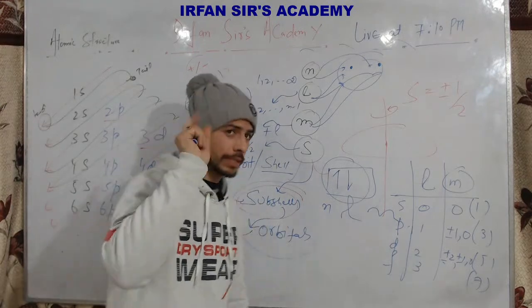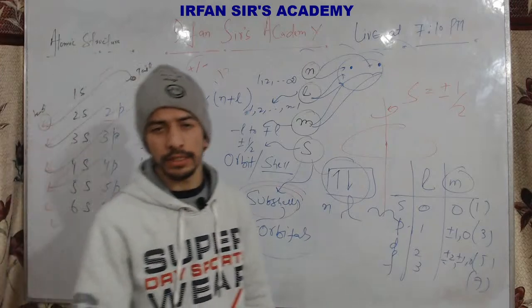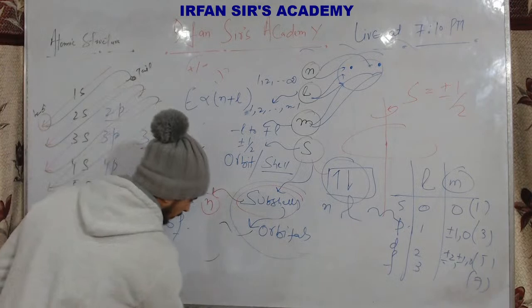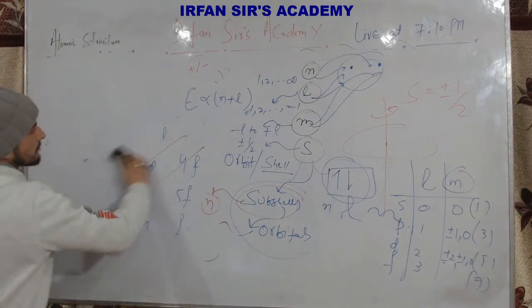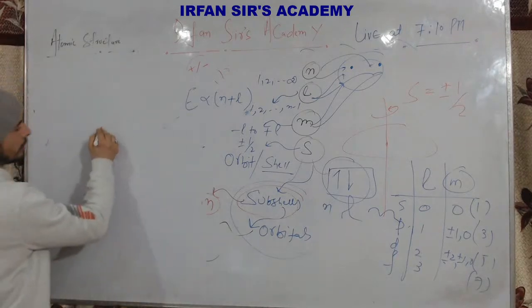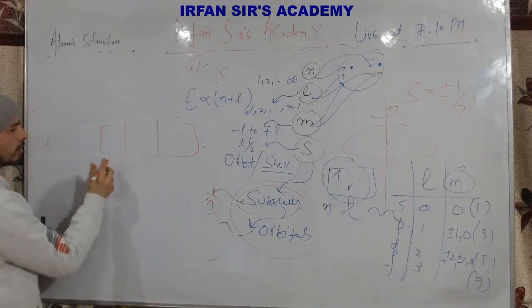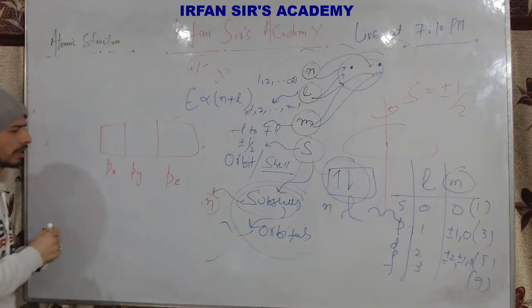And also there is one more thing: Hund's rule of maximum multiplicity. What Hund's rule will tell you is, for example, if you have a p orbital, there are 3 orbitals for the p subshell: px, py, and pz.